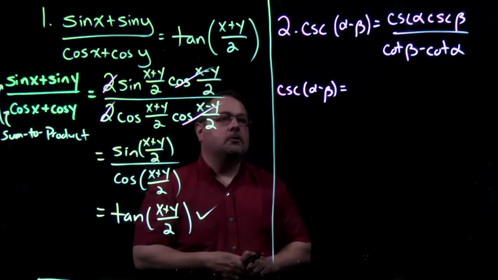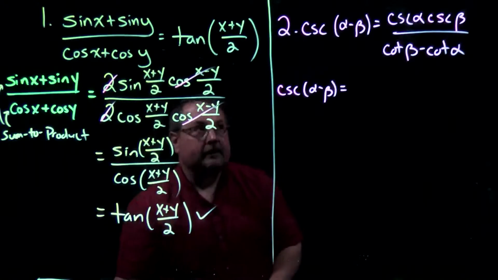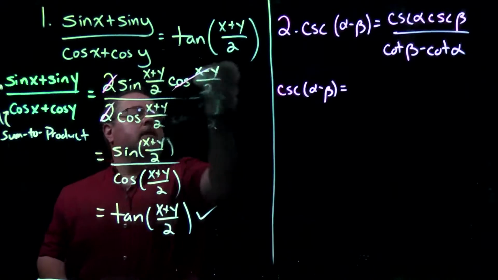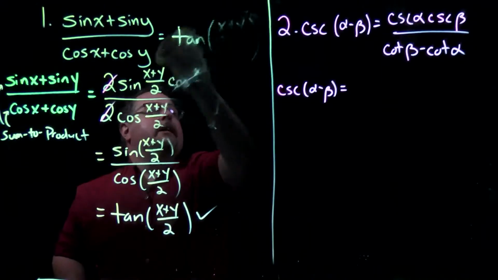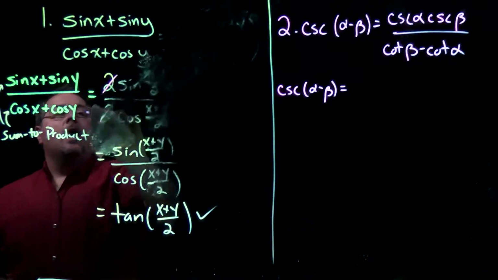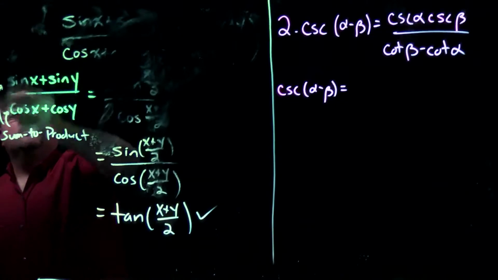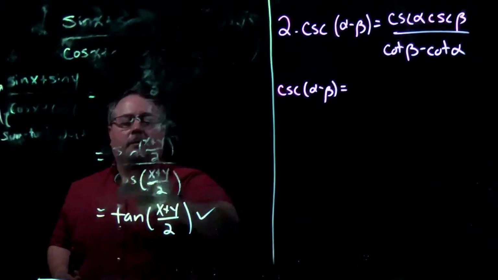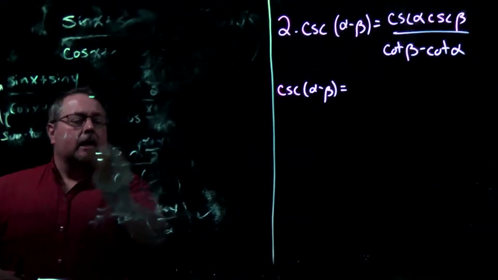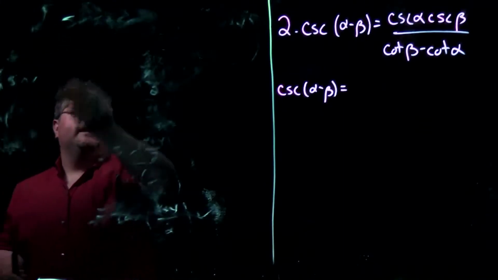So here we want to do the cosecant of alpha minus beta is equal to the cosecant of alpha times the cosecant of beta over the cotangent of beta minus the cotangent of alpha. And again, we're going to work from left to right so that the left-hand side can simplify to the right-hand side. So note first that we are taking the cosecant of a difference.